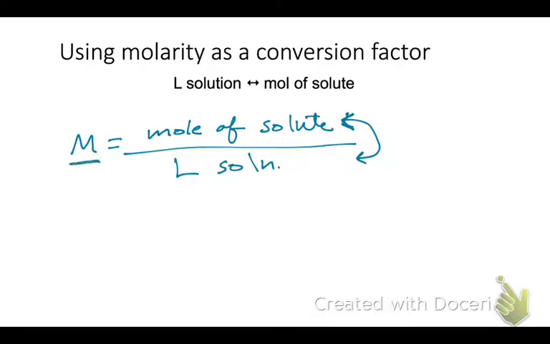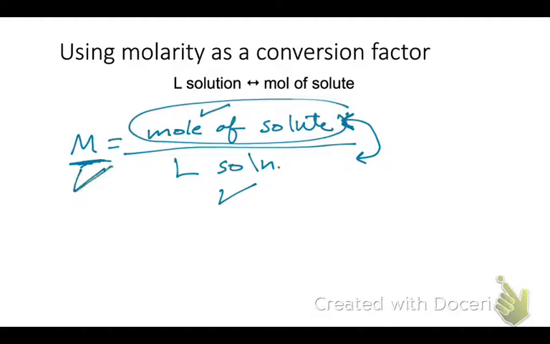And therefore, I can express it in a way that if I have molarity and volume, I can get moles. If I have moles and molarity, I can get volume, and so on. So remember this when you are given, for example, if somebody told you the hydrochloric acid solution in the lab has a molarity of 1.50 molar.